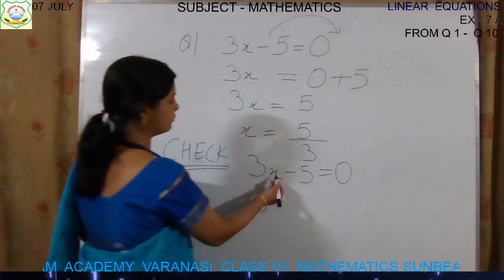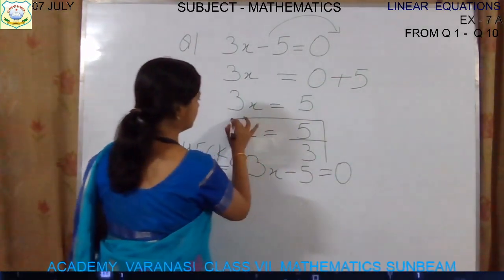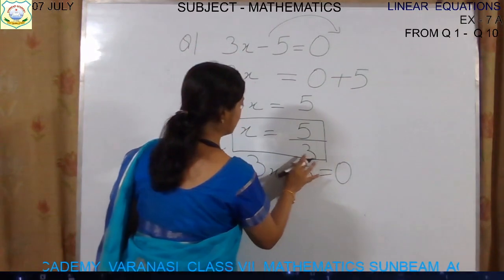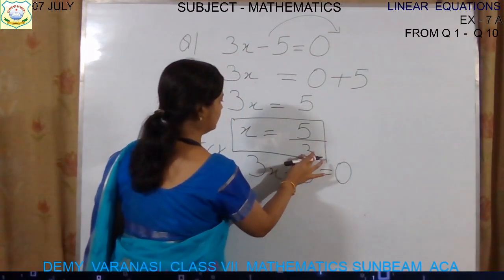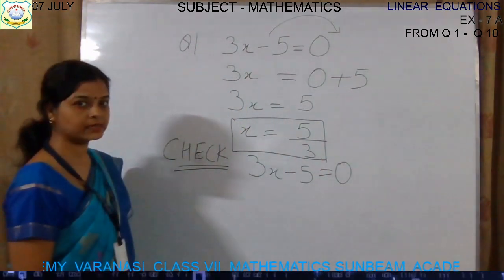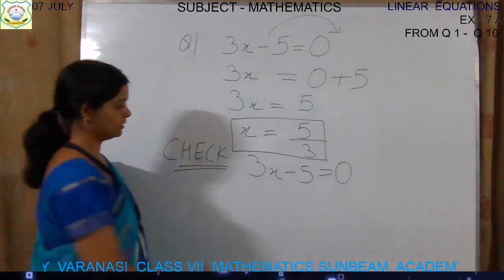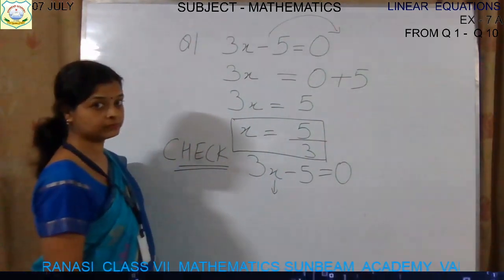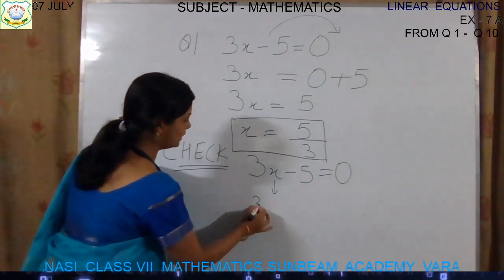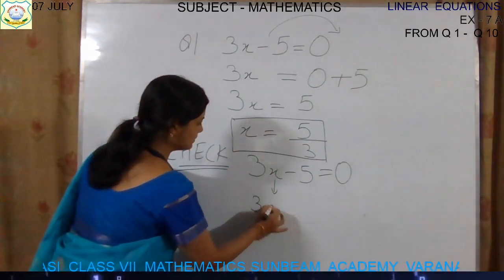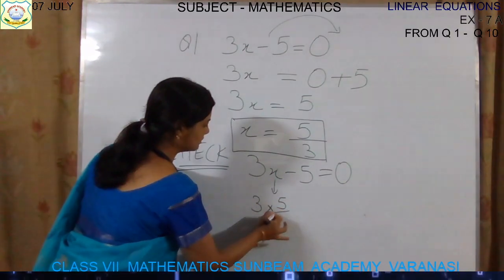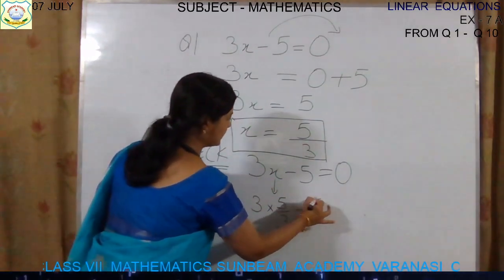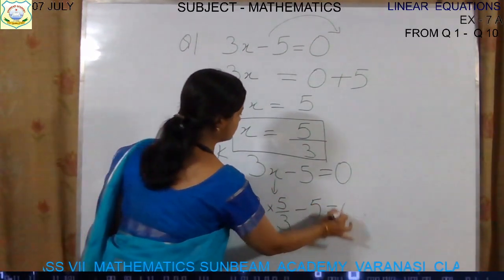Put the value of x which you have found right now. The value of x is how much? 5 by 3. So put the value of x as 5 by 3. So 3x is 3 times 5 by 3, minus 5 is equal to 0.